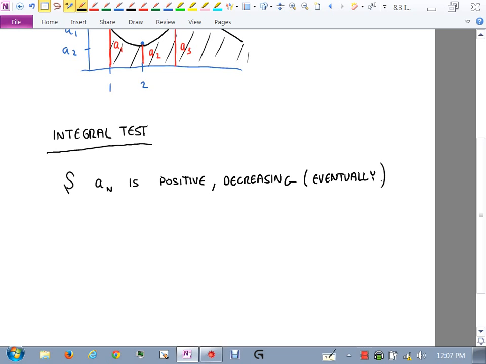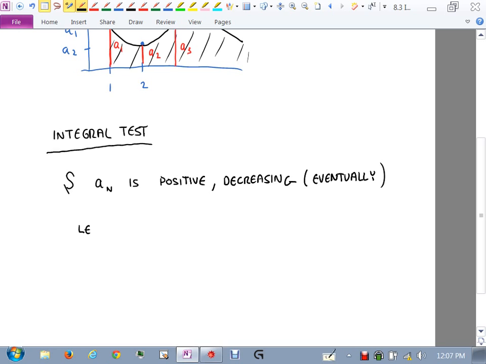Remember, decreasing meant the one before it is bigger than the next one, bigger than the next one. And if it's positive, it's bounded below, isn't it? It's going to decrease eventually, so they're getting smaller and smaller. That's what we need to start this. A sub n is a positive, eventually decreasing sequence.